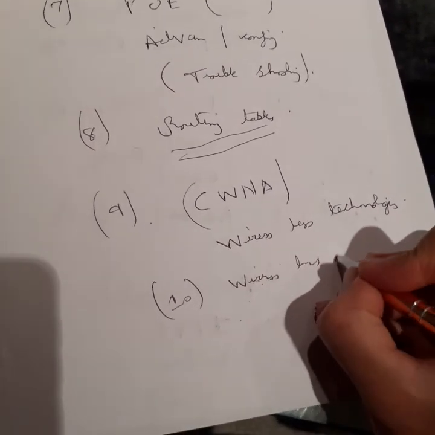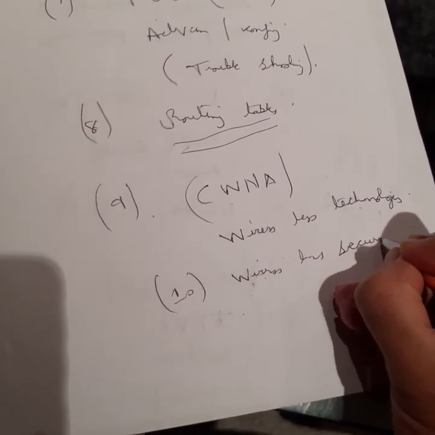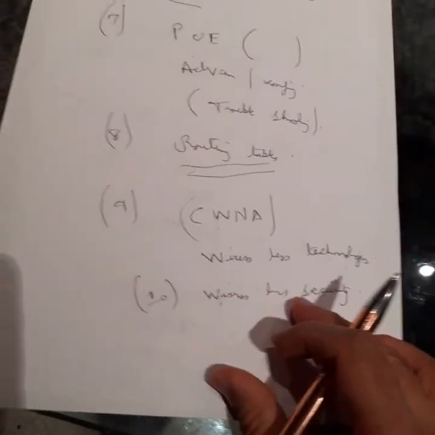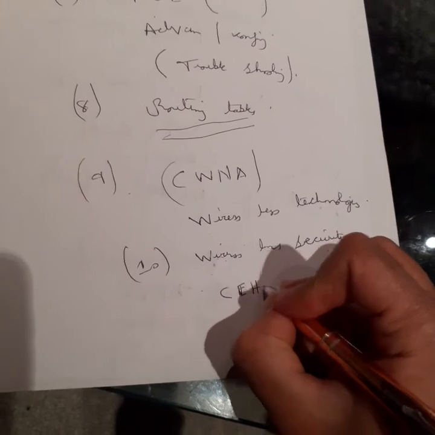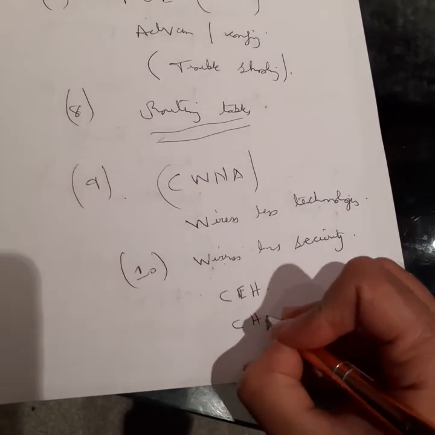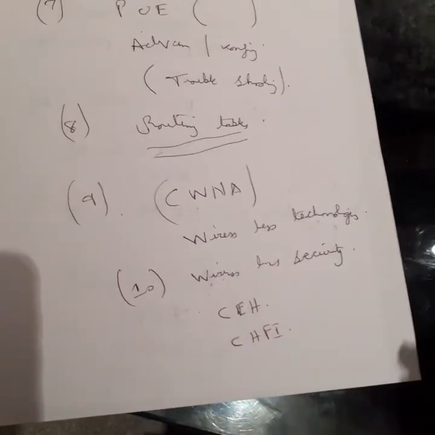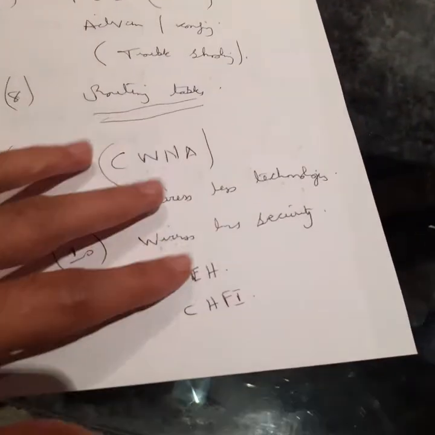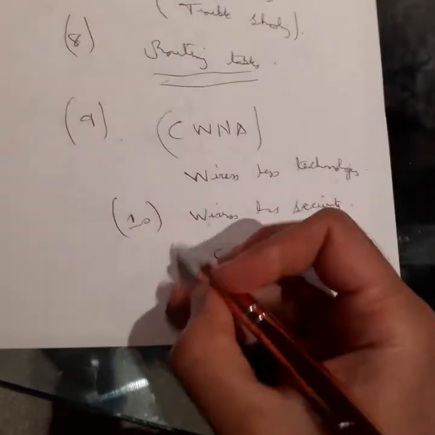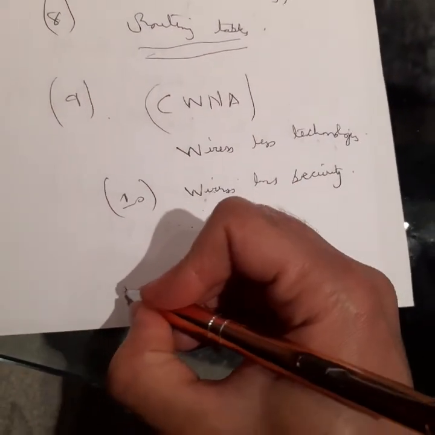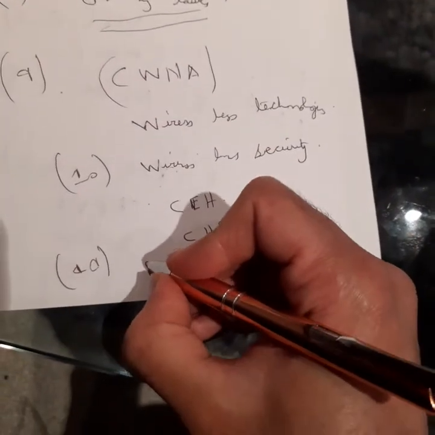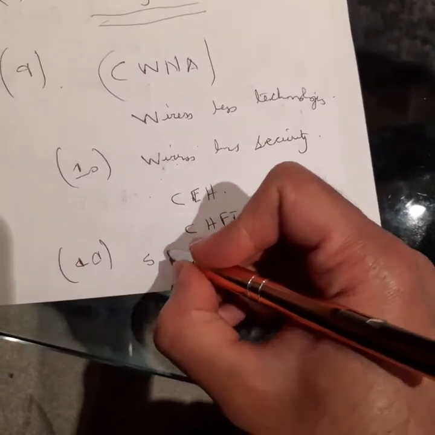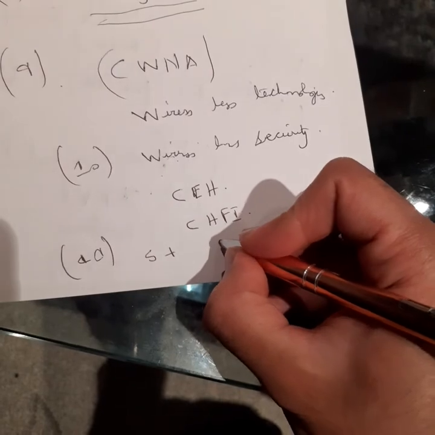Wireless security, do not worry. I'm not telling you to be a Certified Ethical Hacker, CEH, or CHFI. I mean, you can do it. It's slightly advanced from EC-Council, but my suggestion is, at least do a small read-through, or Security Plus from CompTIA.